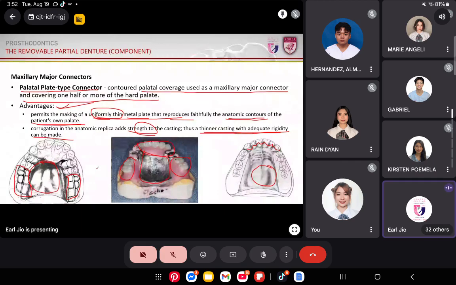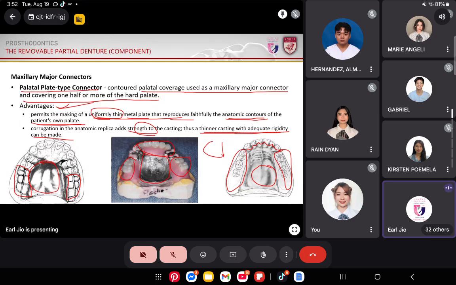I've discussed it to you before na usually makikita natin sa partial denture cases are distal free end cases. Full palatal major connector is indicated on Kennedy class 1 cases or bilateral distal free end that has long edentulous free end cases. Katulad nito, mahaba to.